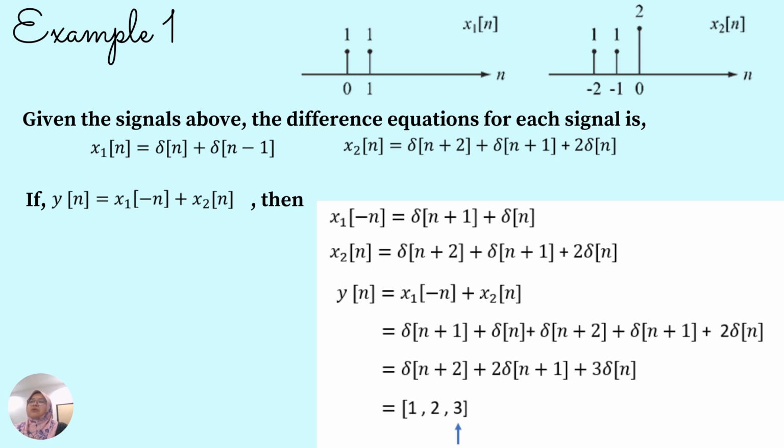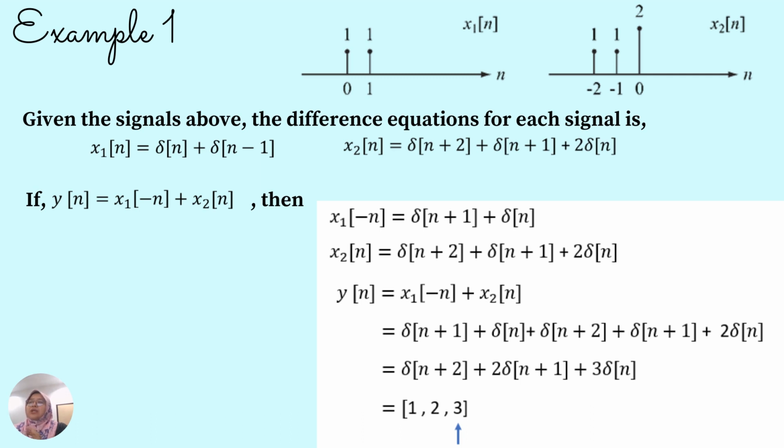Okay, so kalau kita tengok dekat sini, paling kiri sekali adalah plus yang paling besar, which is delta n plus 2. Okay, so kita tengok ada berapa banyak delta n plus 2, so ada satu saja, so delta n plus 2. Then plus delta n plus 1, so ada berapa delta n plus 1? Ada 2, so 2 kita tambahlah, so jadi 2 delta n plus 1.